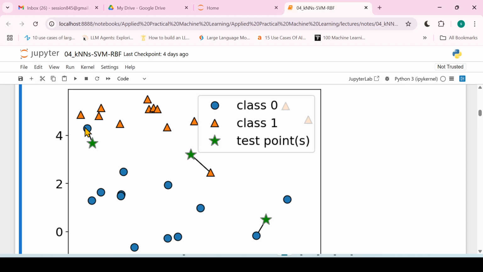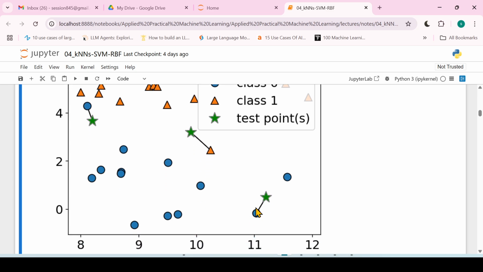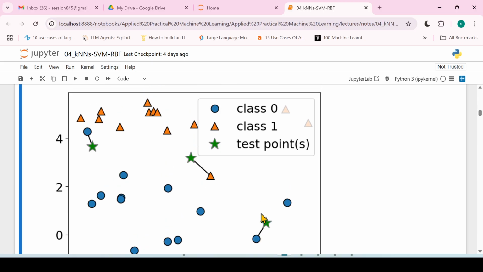So this blue example and this green star are very close, and as a result both examples' features will be the same. Here as well, this example and this red triangle have similar features. That's the reason they are close together. And over here, this blue circle and this green star have very similar features. That's the reason they are close together. This is how we think.